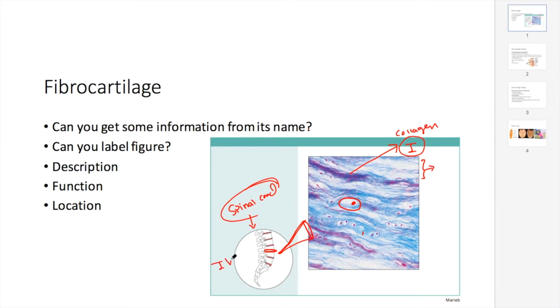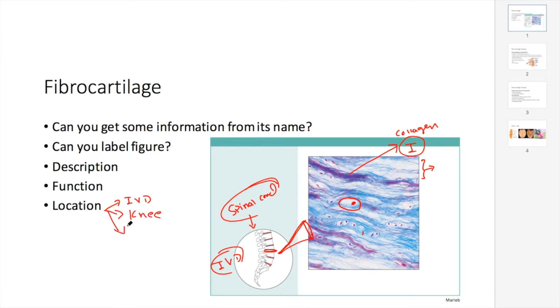The cartilage of the knee also constitutes this type of cartilage. So you find it in the intervertebral disc, and you find it in the knee also.